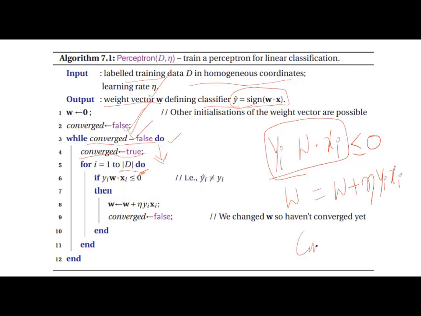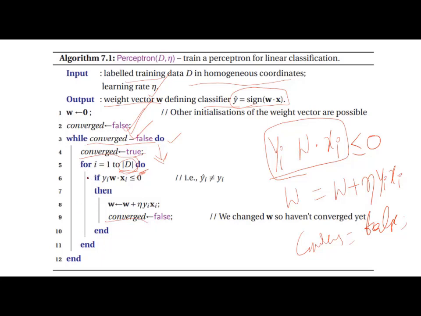And we say converged is equal to false. Now again it repeats until all these are over. Now we are writing here converged as false.